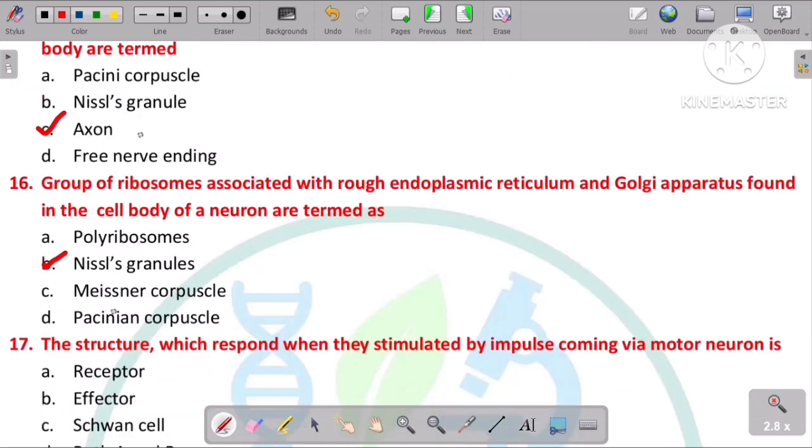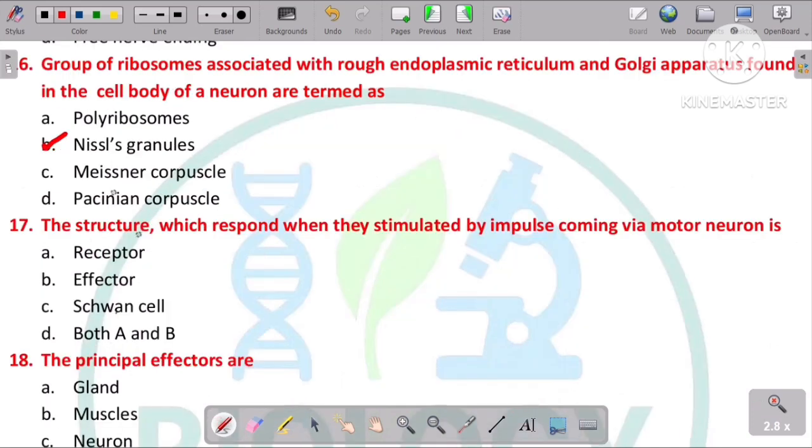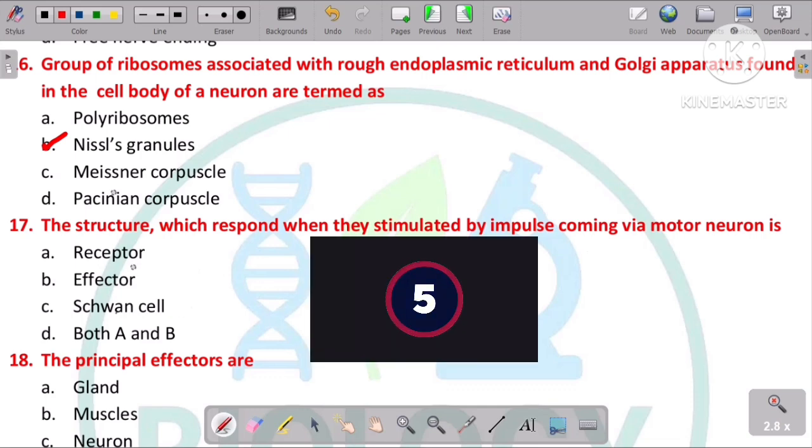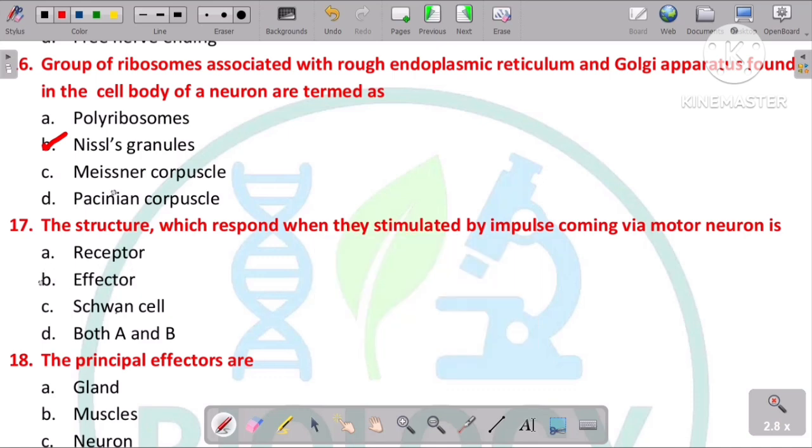So the next question is: the structure which responds when stimulated by the impulse coming from a motor neuron is... So the right option is option B, effector.